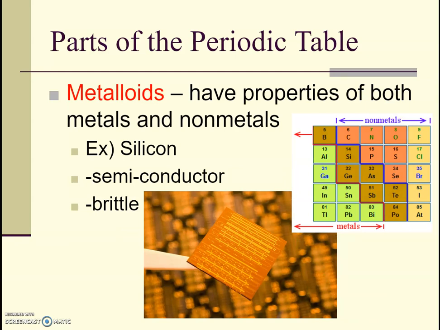So our metalloids are these. Here is the actual line of demarcation on the periodic table, like this. The elements that are actually going to be our metalloids are boron, silicon, germanium, arsenic, antimony, tellurium, and polonium.